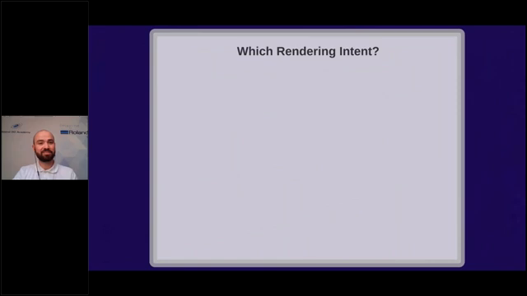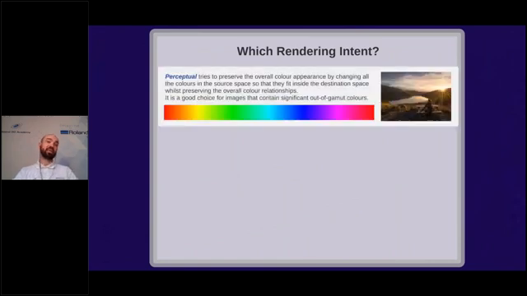So which rendering intent do we use? Again, it depends on the user. It depends on the person that's going to be printing the job and the client, so whatever their use is of the output, I guess.